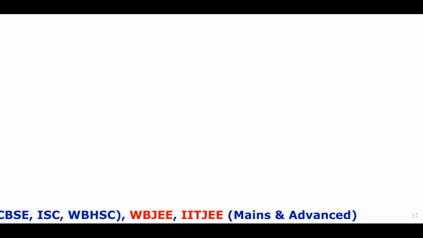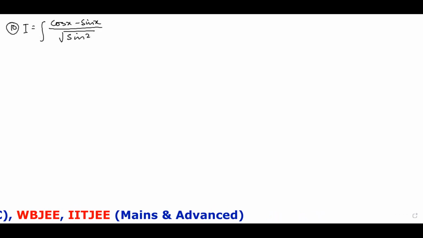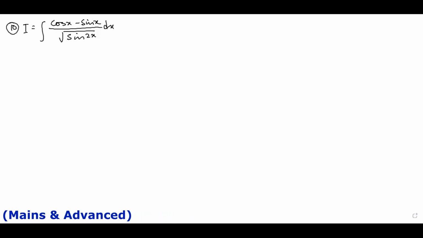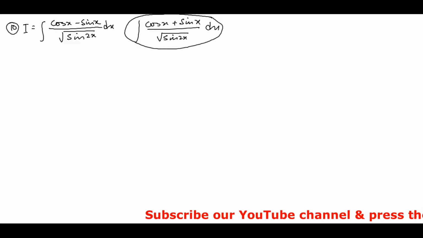In question number 10, they have given, now in this kind of problem, please do remember, if the sum is something like this, approach will be same. Getting my point? If the sum is in this form, then also the approach will be same.